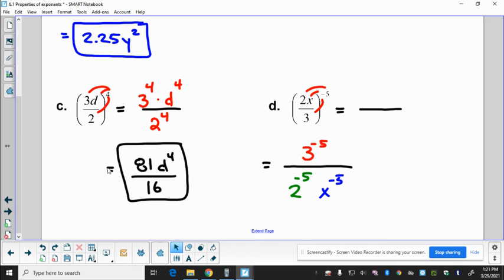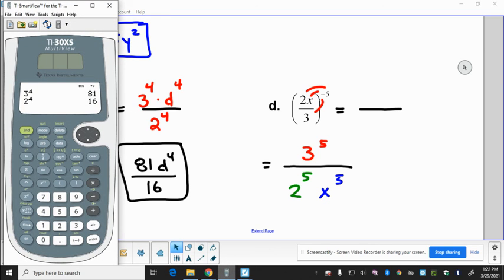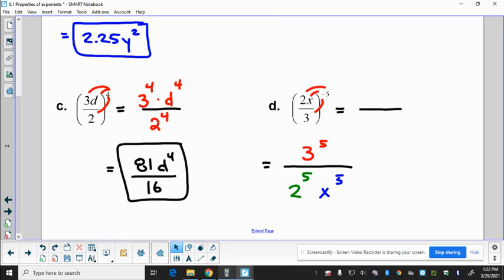And what happens is each one of these exponents now becomes positive after they move. So I just need to figure out these values. Now I need to know 3 to the 5th and 2 to the 5th power. So 243 over 32. Of course, I have the x to the 5th power.